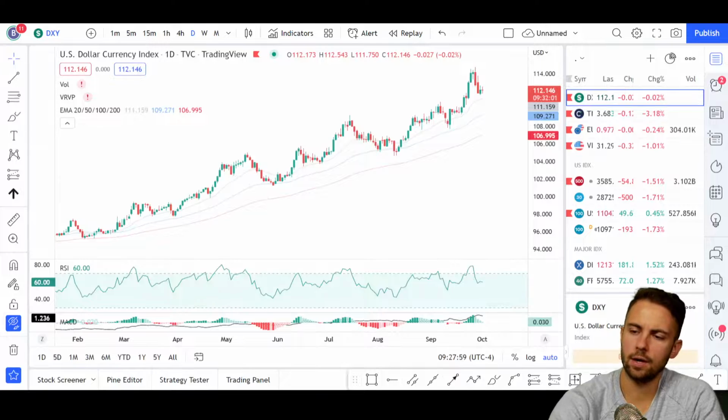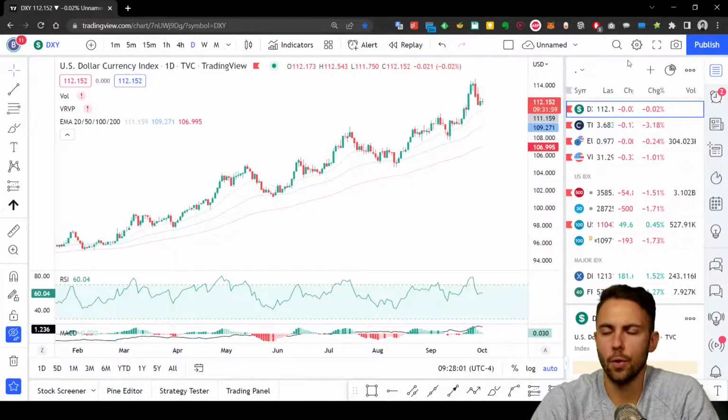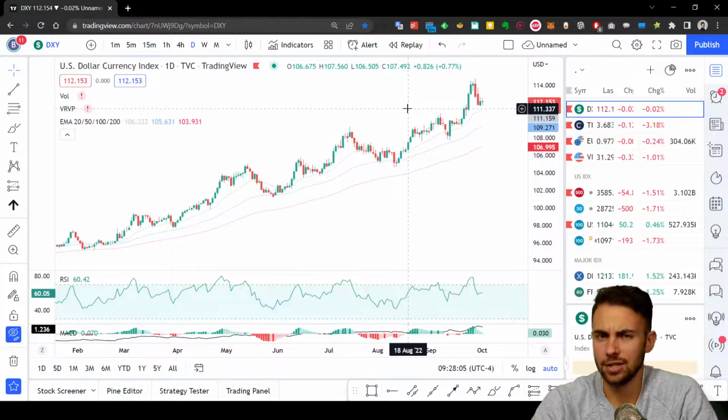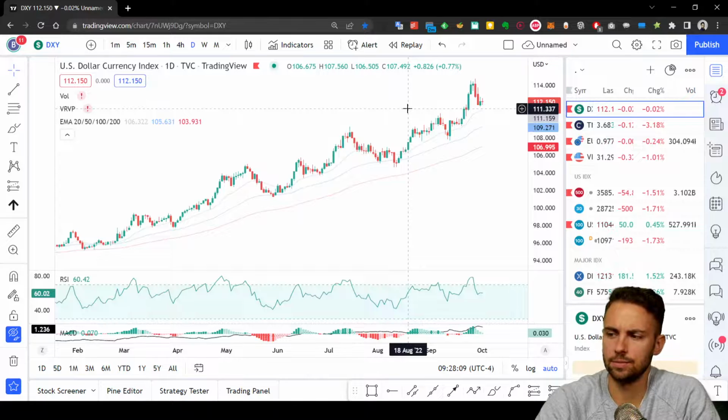So we're jumping to TradingView, and there we'll study the case of DXY, as it's a difficult case study.